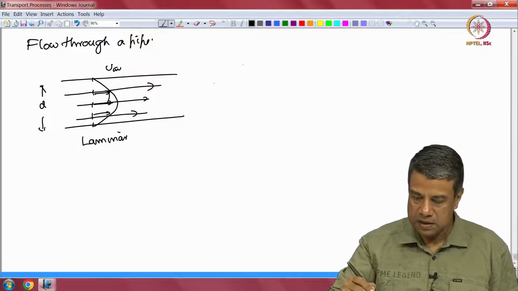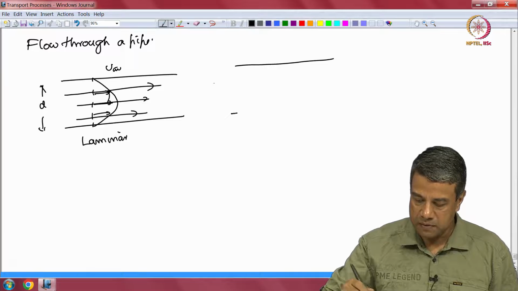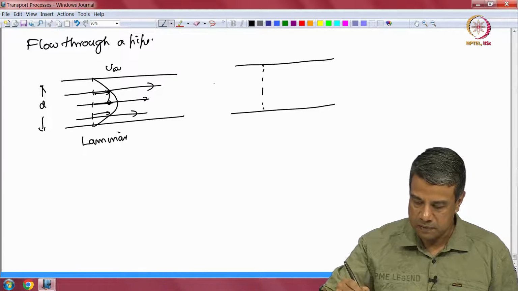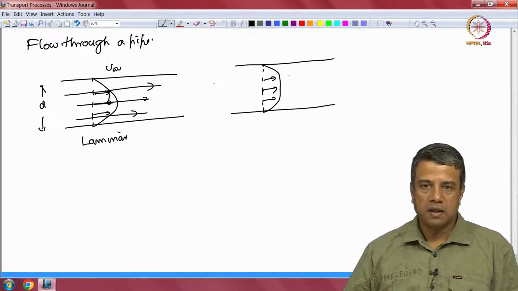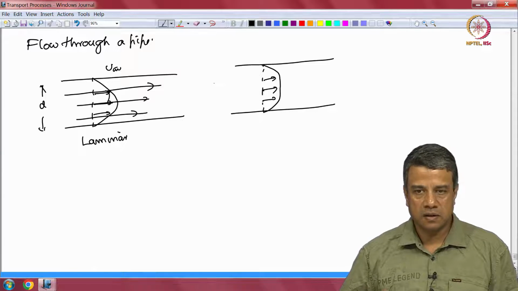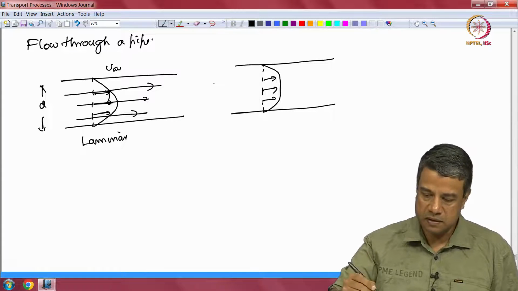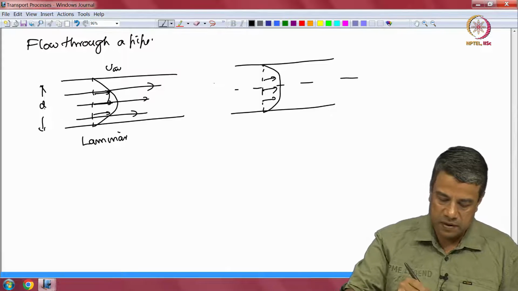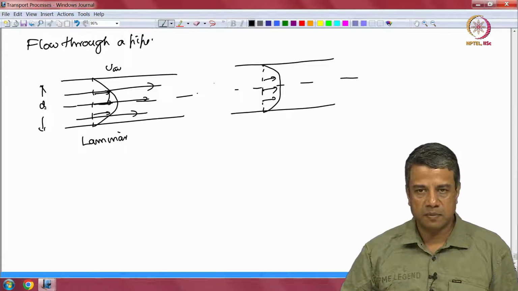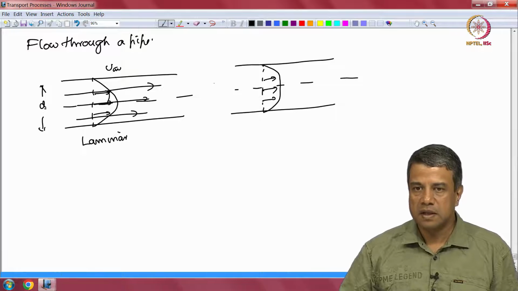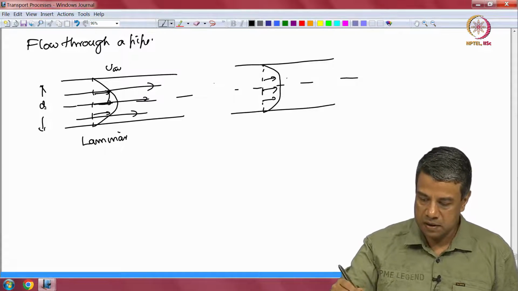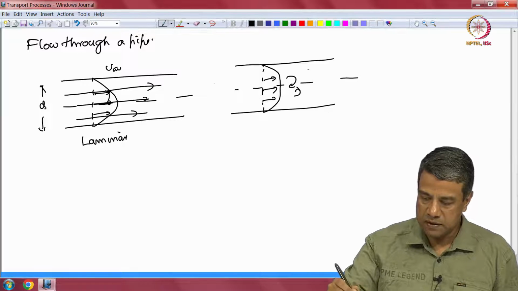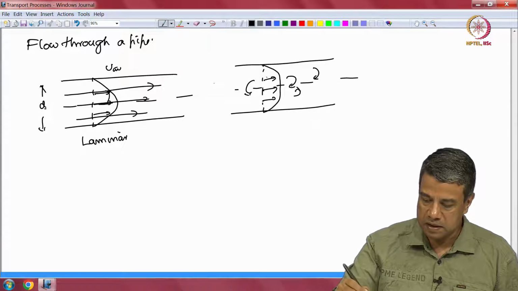A second type of flow is what is called a turbulent flow. In a turbulent flow, even though the flow velocity on average is along the pipe axis, even when the pressure difference across the ends of the pipe is a constant, you have fluctuations in velocity in all directions at each location.